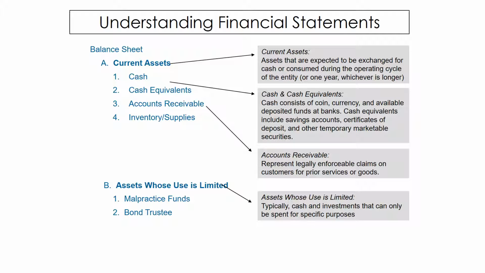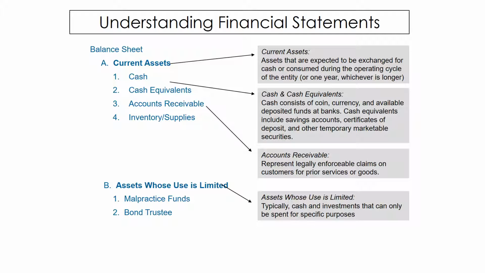And then next you have inventory and supplies. So I think that's pretty self-explanatory. It's all of the inventory that you're waiting to sell, or supplies that you're waiting to sell. Next you have assets whose use is limited. So these are generally assets or cash or investments that can only be spent for certain purposes. So they have a very guided use.